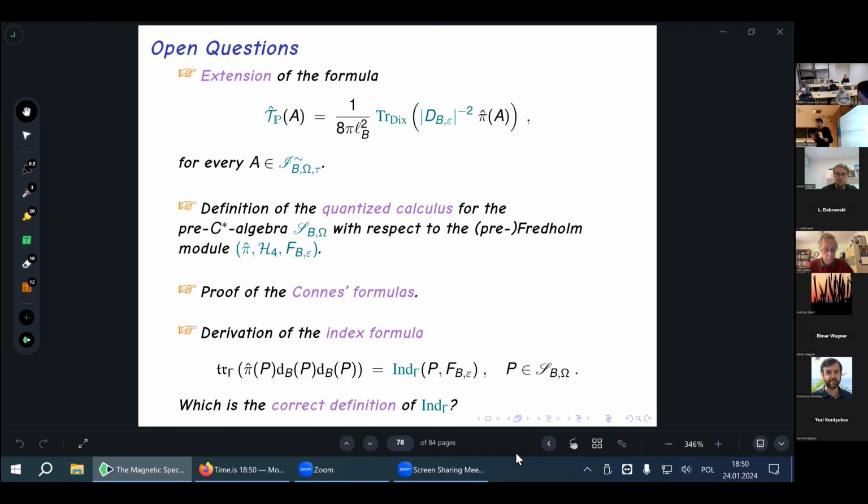Under very mild conditions on the potential, which should be L infinity plus something else, I don't remember exactly which is the extra condition, you can prove that this orbit is compact.